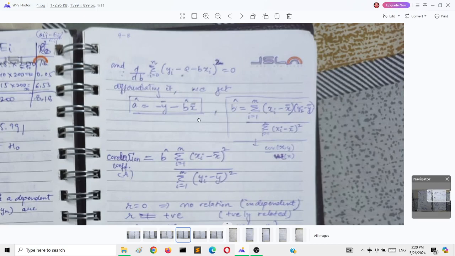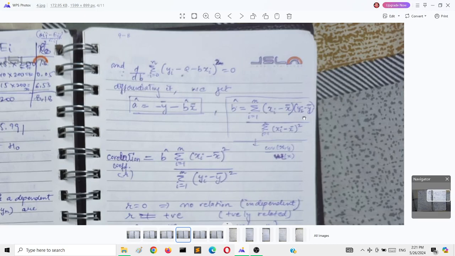We are not focused on the derivation, but the end product is that we get b in such a way that we sum over all the training samples the product of xi minus x bar, where x bar is the mean of all the x values, and yi minus y bar, where y bar is the mean of the y values.